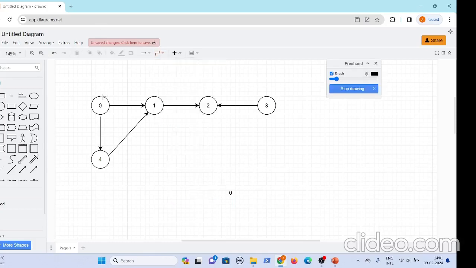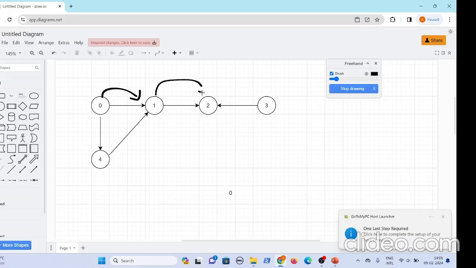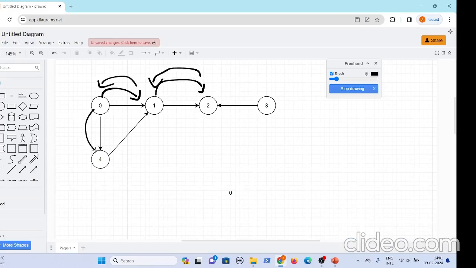First I'll start from 0, then I'll go to 1. When I start from 0, I can either go to 1 or 4. If I choose 1, I can go to 2. From 2 there is no option, so I'll trace back. Then from 0, I'll go to 4. From 4, I can go to 1, but since it's already visited, I'll not visit it. And there is an edge from 3 to 2.